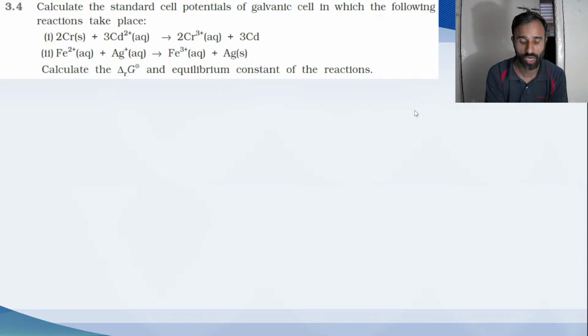The next question is of galvanic cells: calculate delta G naught and the equilibrium constant of the reaction. First of all, I will write the equations.